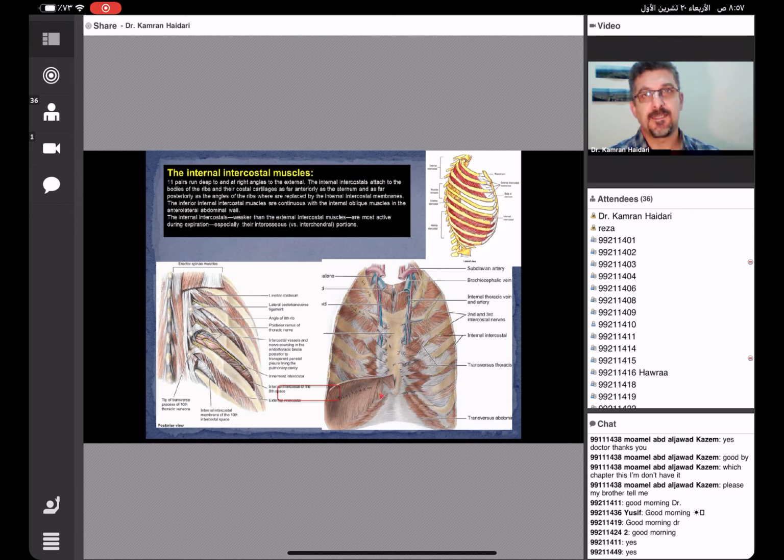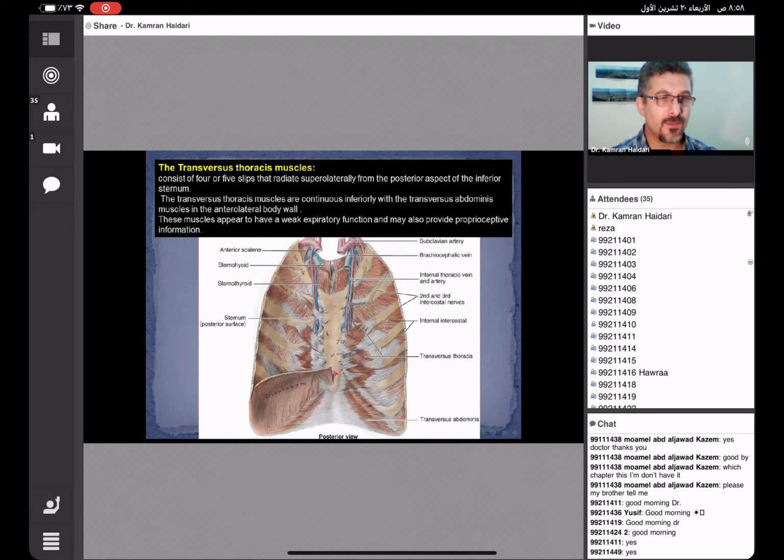Okay, you can see fleshy slips of this muscle extended toward supralaterally, and attaches to the internal surface of the rib 2 to 6. This is the transverse thoracic muscle, you can see.